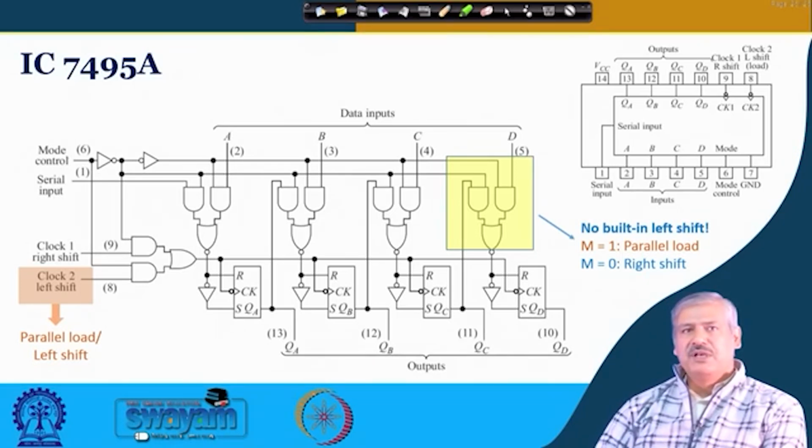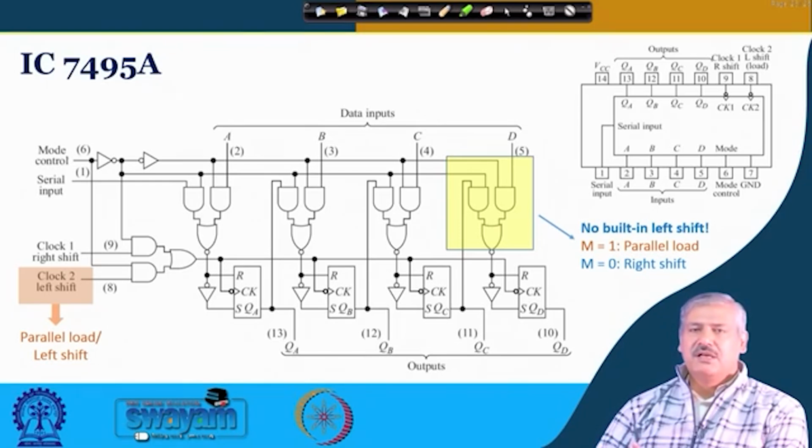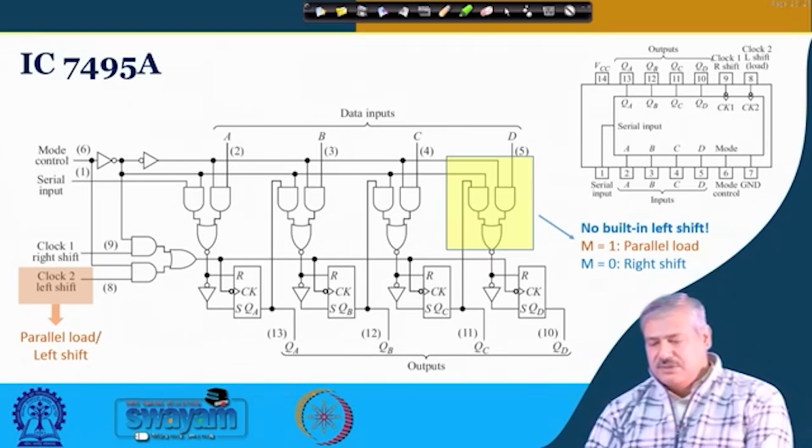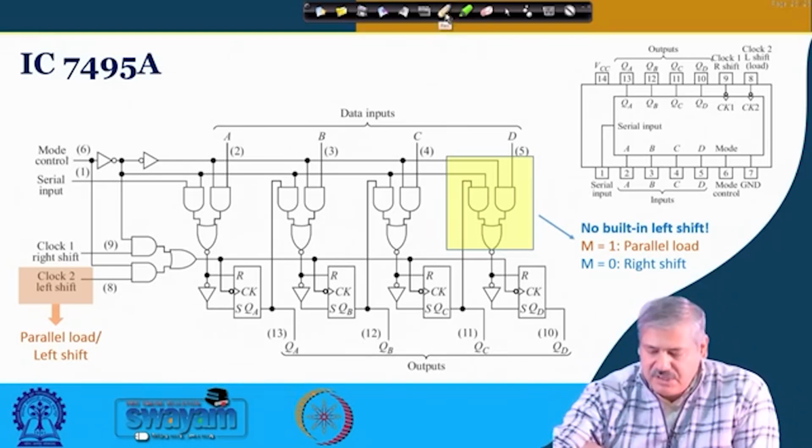But we can make it work like a universal shift register by external connection. Since it is often used in the lab, I have considered this as a topic of discussion. So, let us see how it actually looks like, and this is a 14 pin IC.